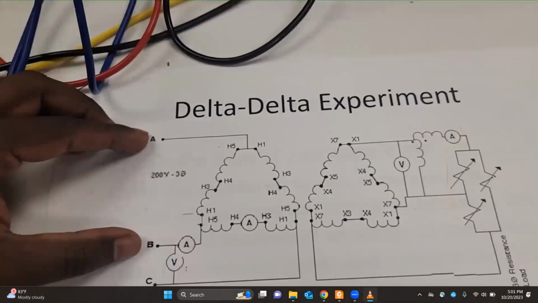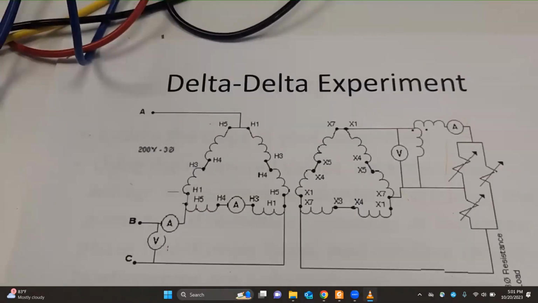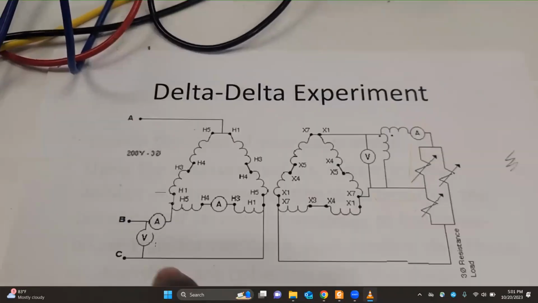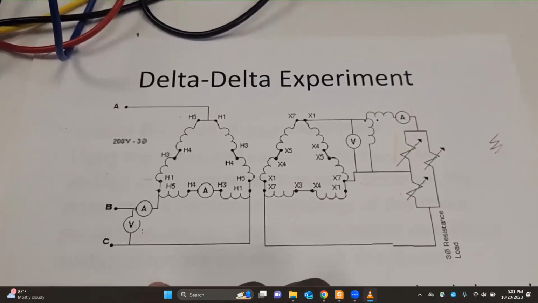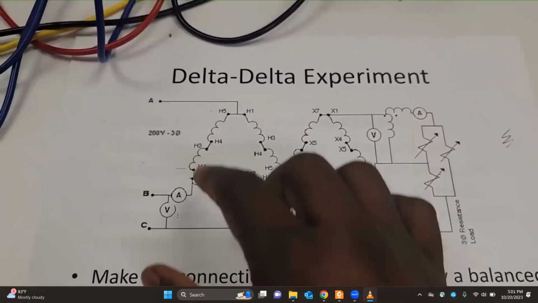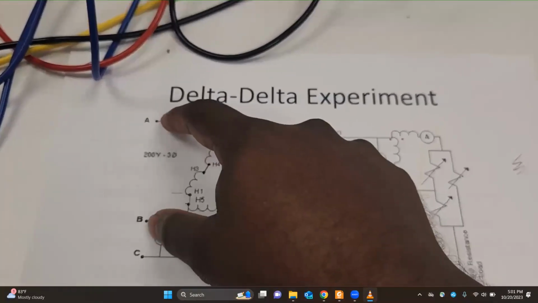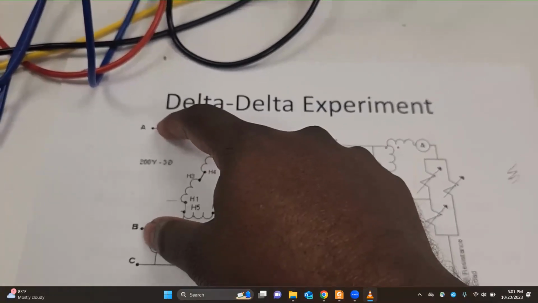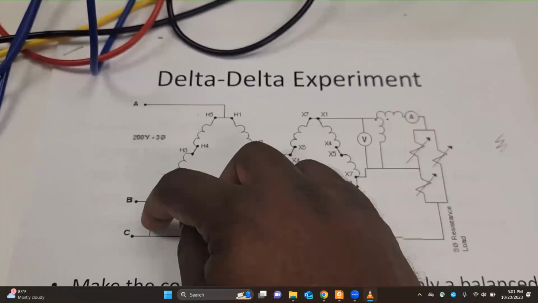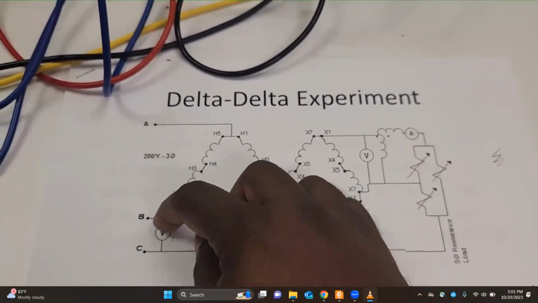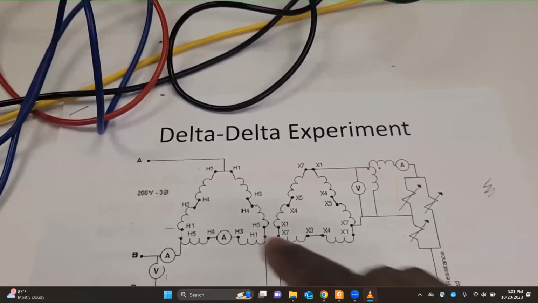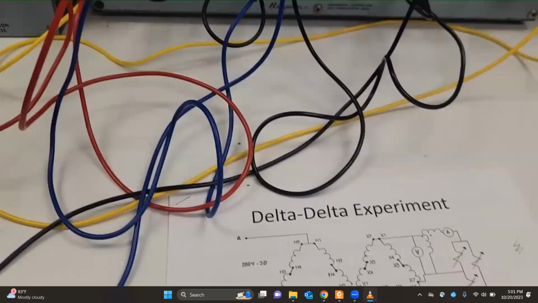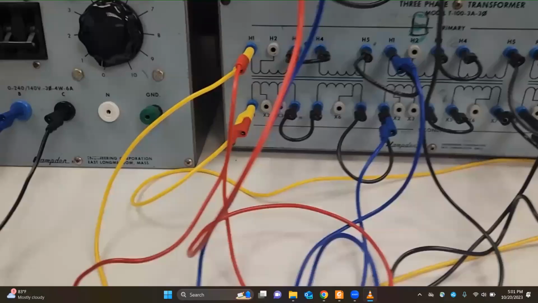For delta connection, I guess you already know that the line voltage and phase voltage are the same. So if I measure a voltage along this point and this point, then I'll be able to measure line to line voltage as well as phase voltage.